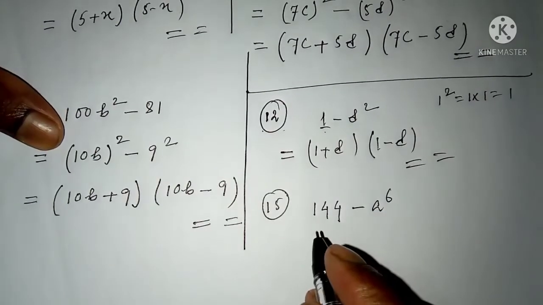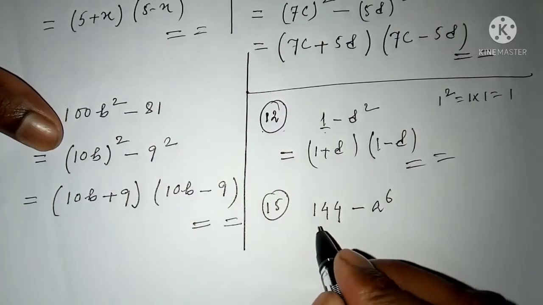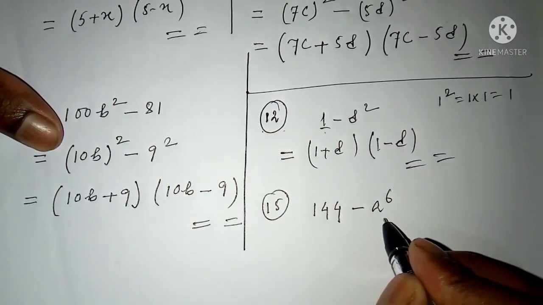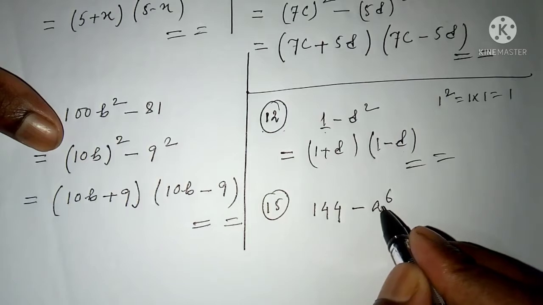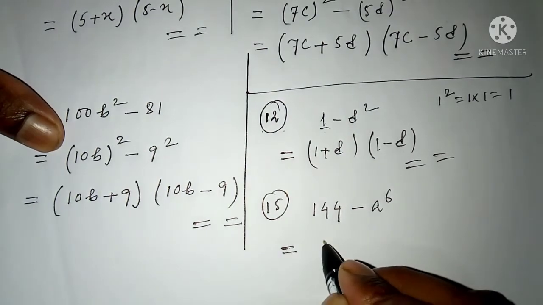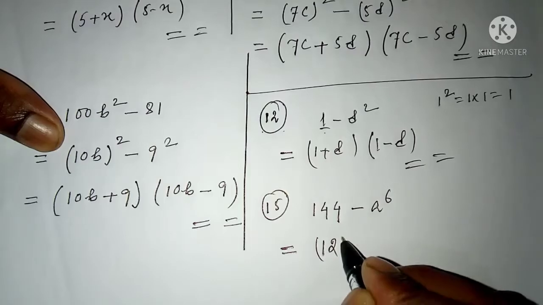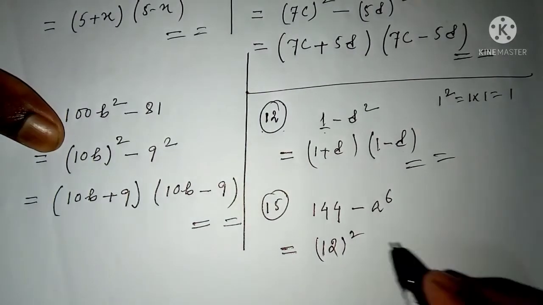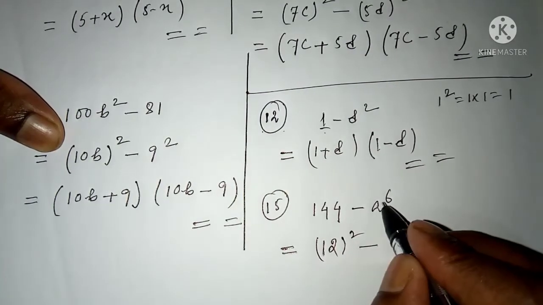Now you see here, this is our 15th question, that is 144 minus a to the power 6. Here we need a square, but what we have here is a to the power 6. So I'll try to convert this in the form of a square. First of all, 144 means, can I write 12 square? 12 square is 144, minus a to the power 6.